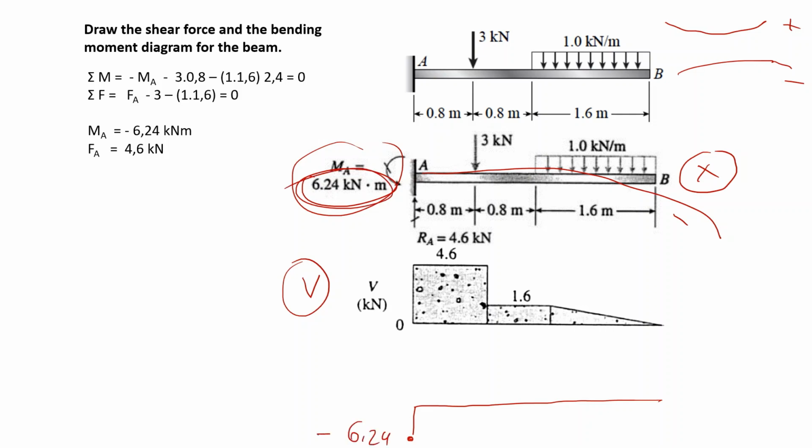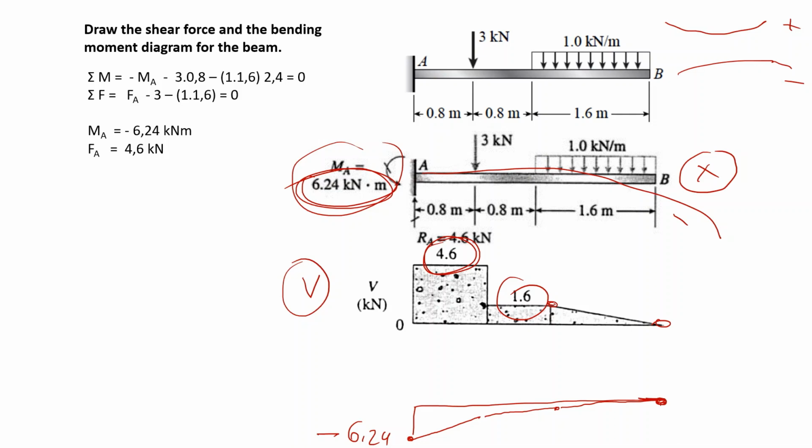624 minus. As you see over here, at the free end, it should be 0. So here, the slope is 4.6. So we go up with 4.6. And suddenly the slope drops to 1.6, and then from 1.6 the slope drops to 0, so it looks something like this.